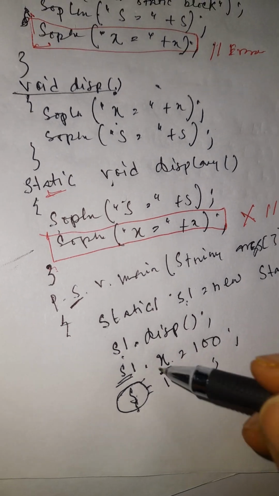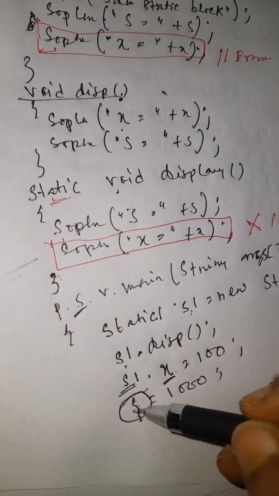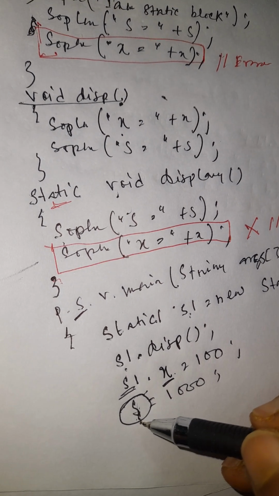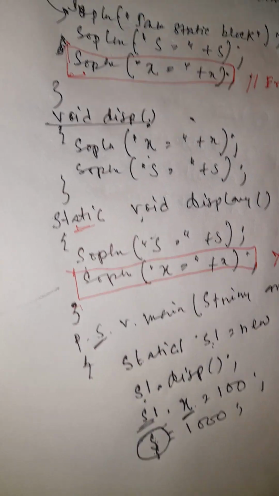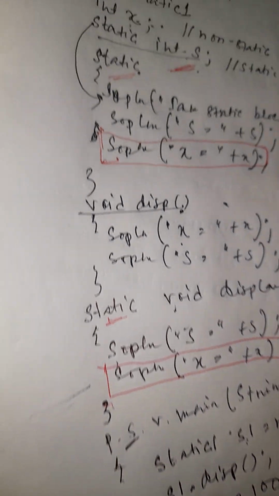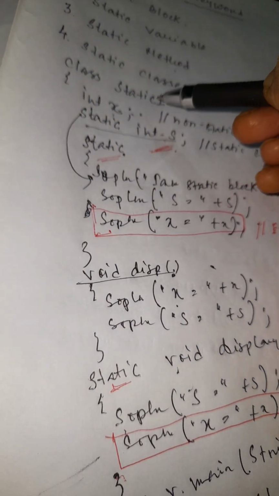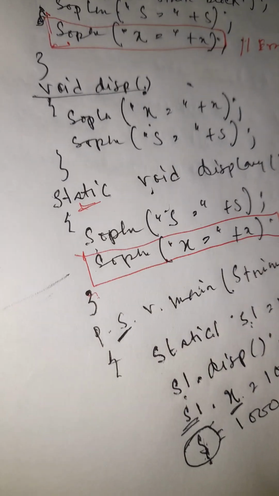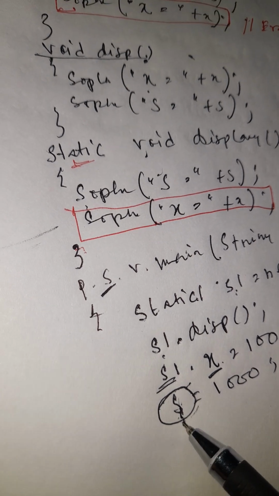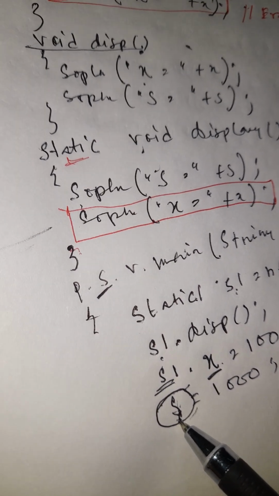Clear? So you should call this static member without the help of the object within the same class, because this main function is also within my class, within the static one class. So here you can call this variable directly. Clear?